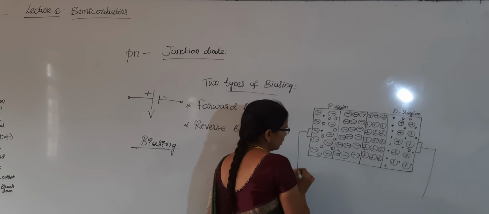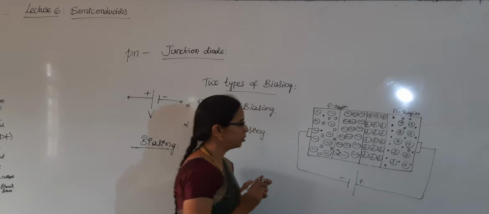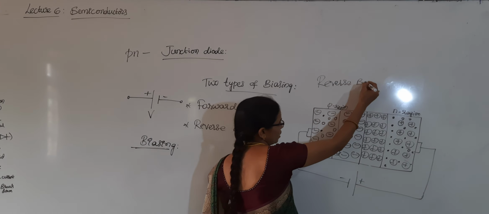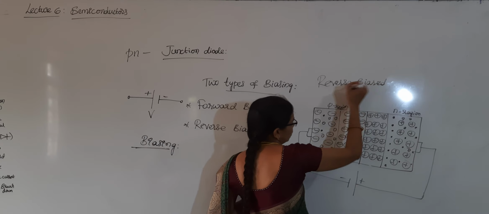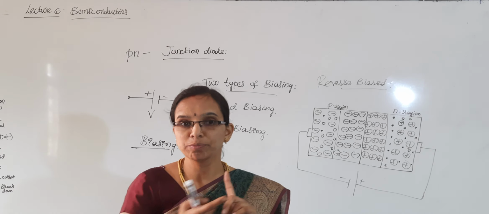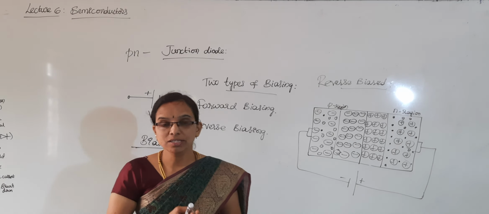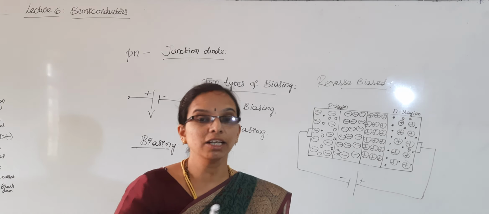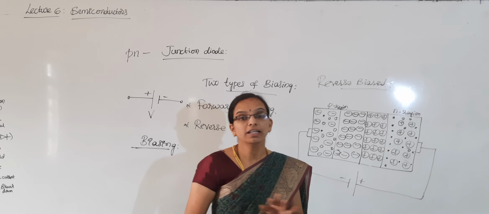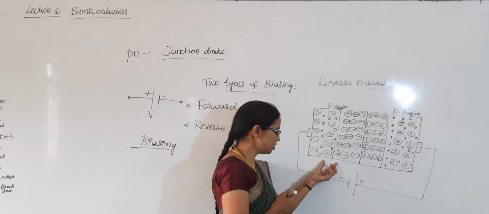This P region is connected to the negative terminal of the battery and the N region is connected to the positive terminal of the battery. Then the diode is said to be reverse biased. It is easy to remember: the diode is forward biased when P is connected to the positive terminal and N to the negative terminal. The diode is reverse biased when the P region is connected to the negative terminal of the battery and the N region is connected to the positive terminal.